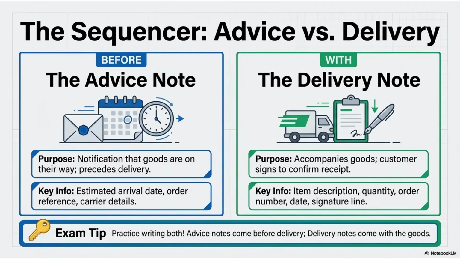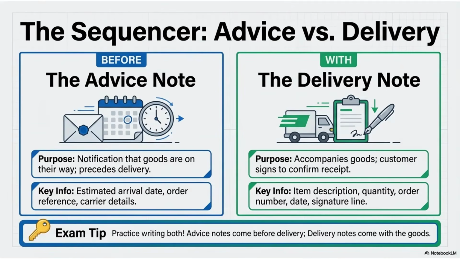The advice note is to let people know that these goods are on their way. The delivery note says these goods have just been delivered. Big difference. Advice note, the goods are on their way.